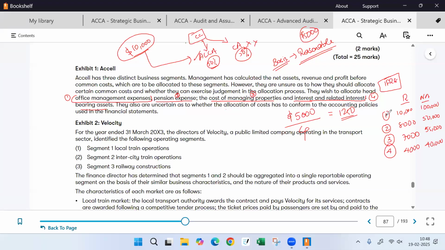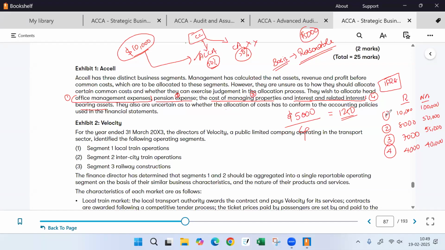So you can split either based on revenue or net assets, or in fact depending upon the time spent by that particular segment with the head office. Sometimes there are common employees, such as HR and the finance team.